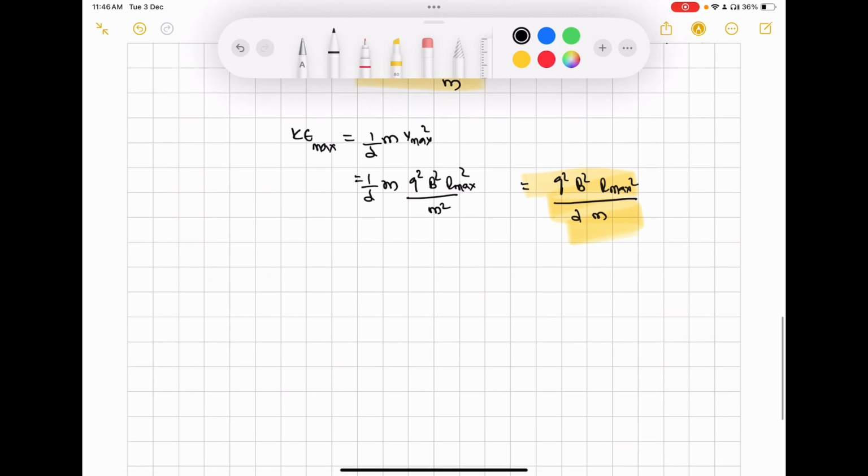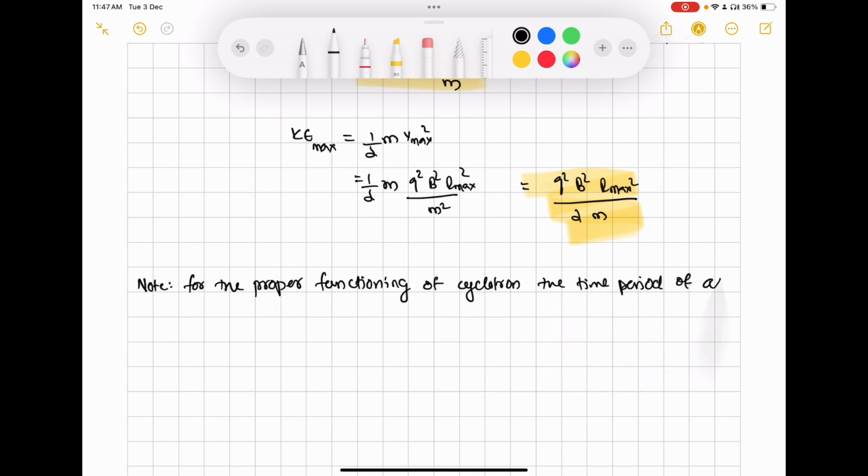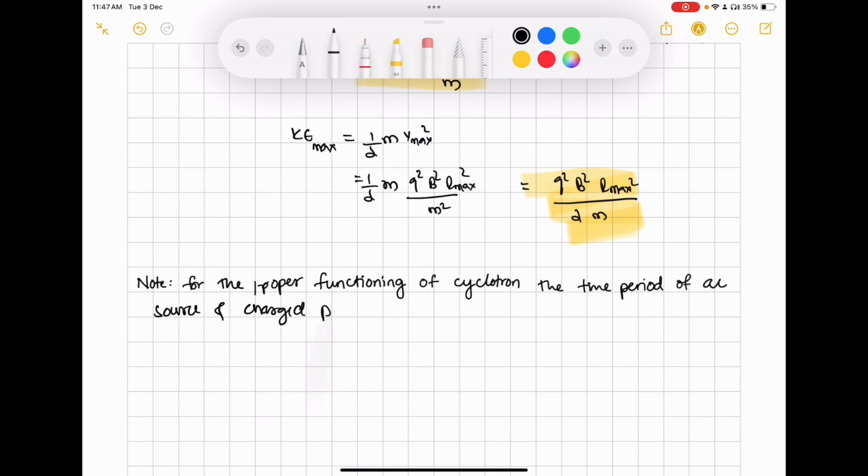The next point or note: for the proper functioning of the cyclotron, the time period of the AC source and the charged particle should be equal.